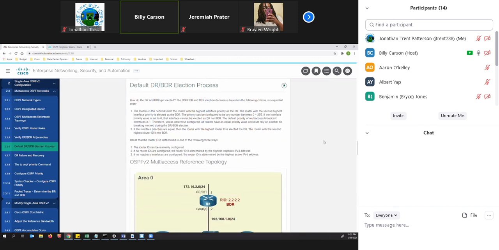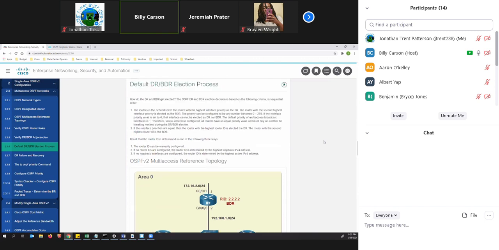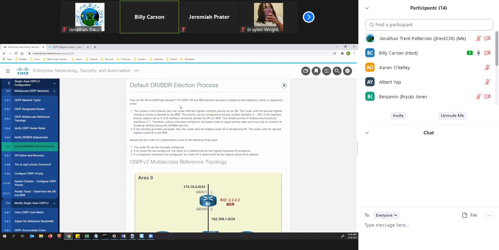So the selection process, we've kind of been talking about that. How do we elect it? We've mentioned this. The priority is between 0 and 255. By default, it's 1. If it's a 0, it's saying, hey, I'm not going to participate in this DR or BDR election.